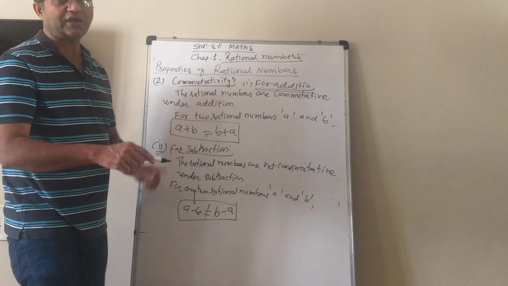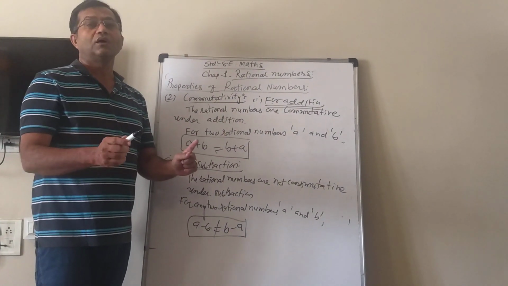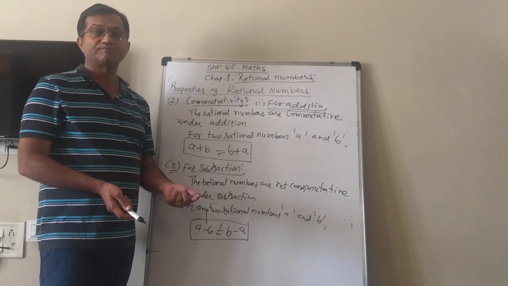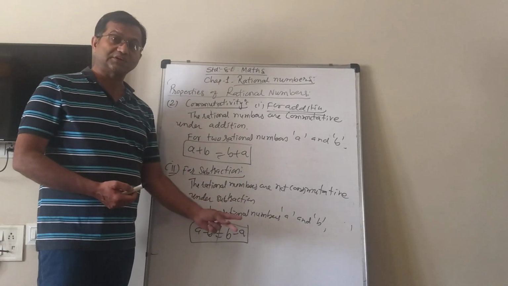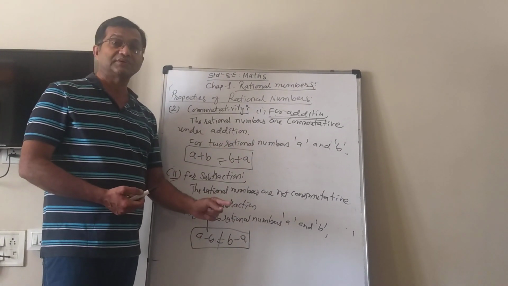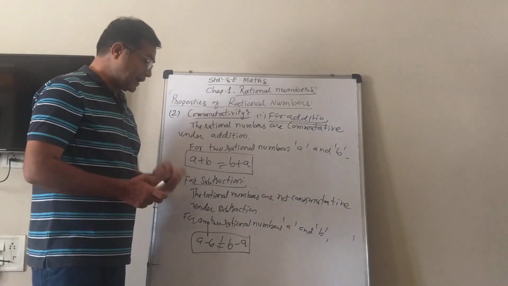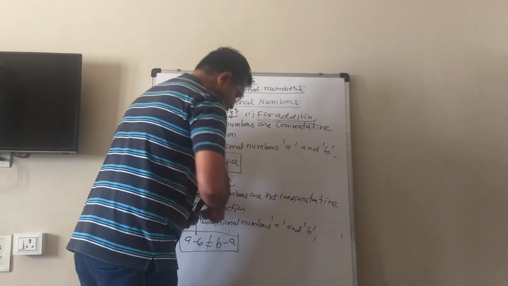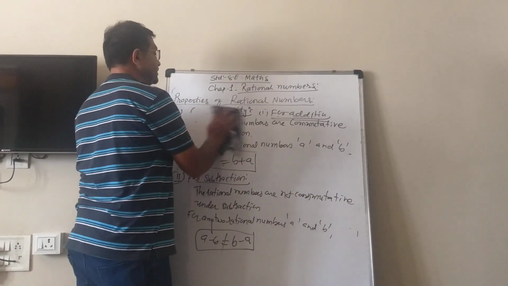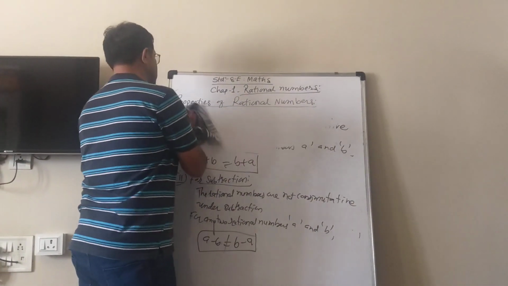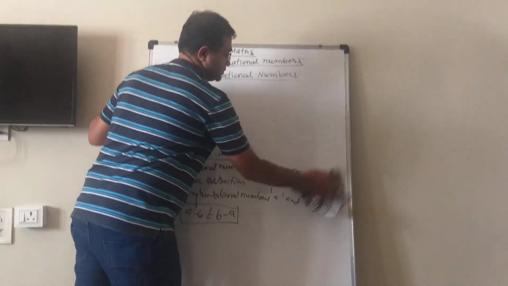Means in addition you can add two rational numbers in any order, but you cannot subtract two rational numbers in any order. You have to follow the order. Now we will check for the other two, multiplication and division.